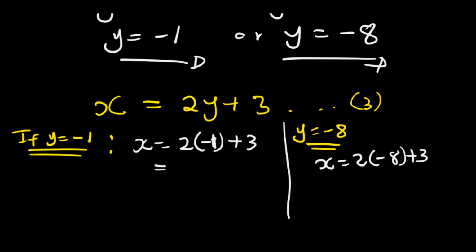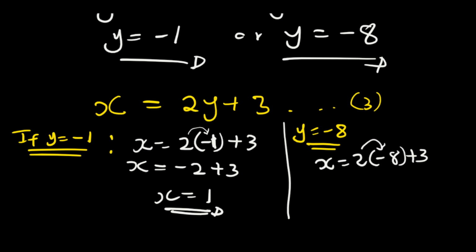So from here, our x value is going to be what? 2 multiplied by negative 1 is minus 2 plus 3, which is x equals to 1, right? So this is the first solution. And then here, 2 multiplied by negative 8 gives x is equals to minus 16 plus 3. So x is equals to minus 13.